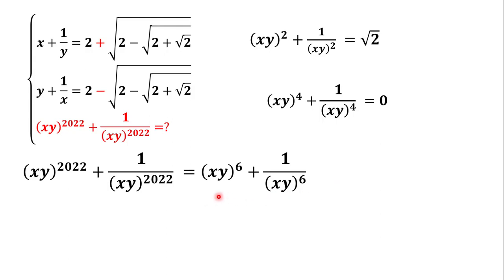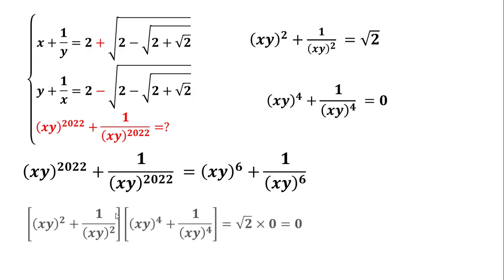Now we need to evaluate this expression (xy) to the power of 6 plus 1 over (xy) to the power of 6, and we can use these two expressions. We can multiply these two equations and we're going to get ((xy) to the power 2 plus 1 over (xy) to the power 2) times ((xy) to the power 4 plus 1 over (xy) to the power 4) equals radical of 2 times 0, that is equal to 0.